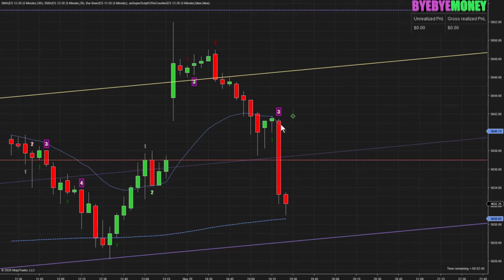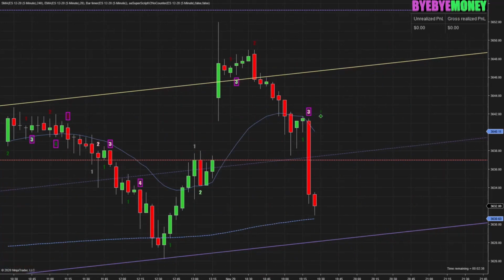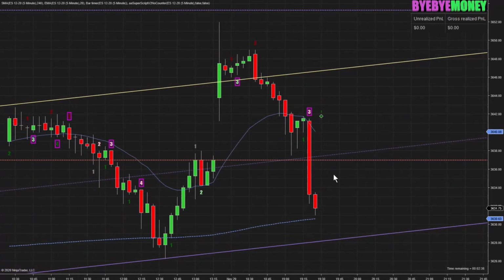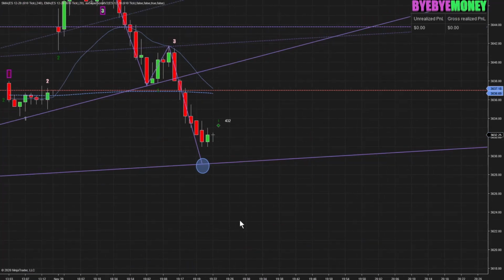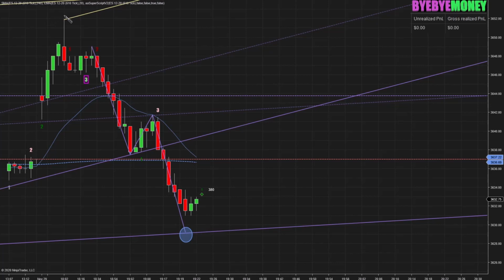Strong bear bar could be exhaustion down to the bottom of the range here. I'll be interested maybe with a good signal bar on the reversal here. Okay, there's actually enough room to make a point here.